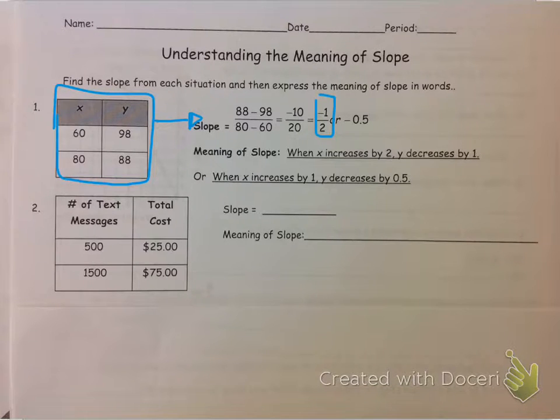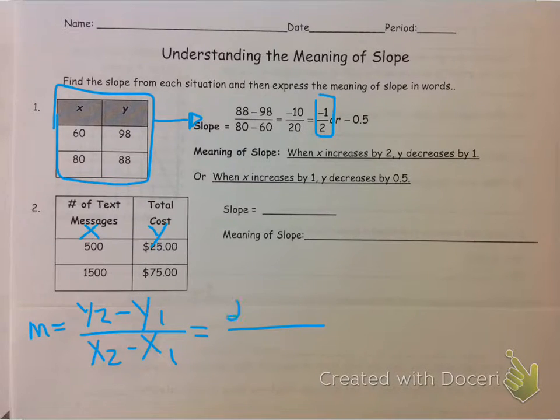So let's do an example. We're still using our slope formula, which is y2 minus y1 over x2 minus x1, okay? And we're going to set it up in this manner. So this is our x, this is our y, and 500 minus 1500, okay?